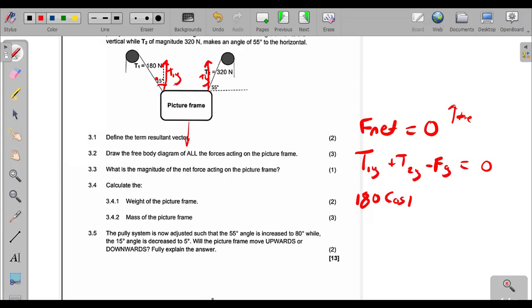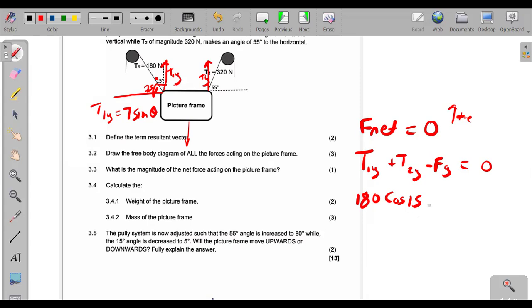Please take note, if we were using the angle to the horizontal, which becomes 75 degrees because the whole angle is 90 degrees, then we would say T1y is equal to T sine theta. We use sine theta when theta is the angle to the horizontal. Apparently, it is the angle to the vertical right now, and that is the one we have opted to use.